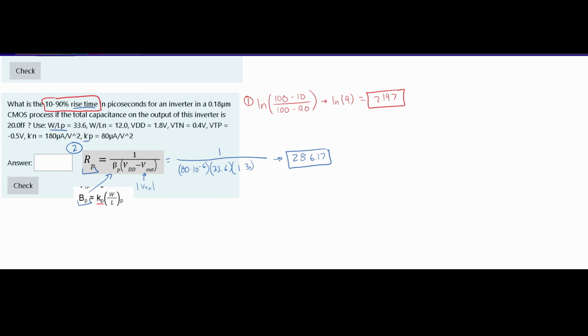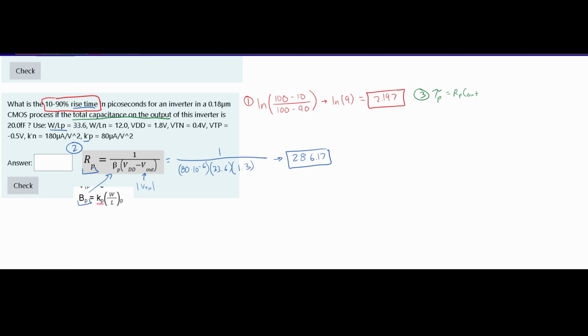Now let's go on to our step 3. In step 3, it's going to be pretty simple. We're just going to find the time for our P, and the time for our P is just going to be equal to our RP times the C out, and the C out is the total capacitance on our output.